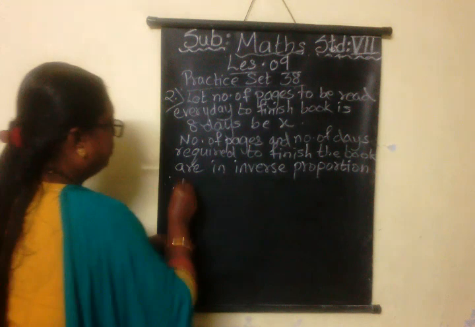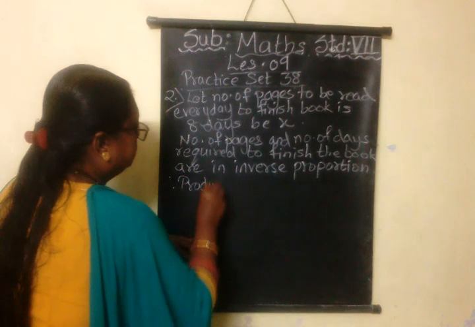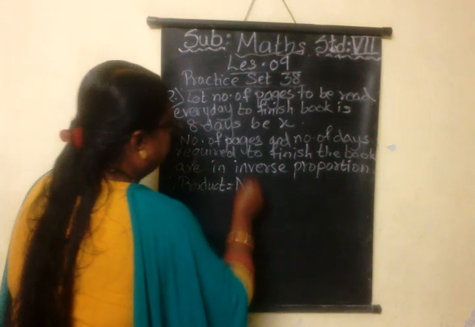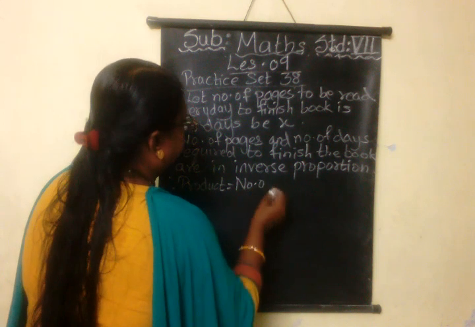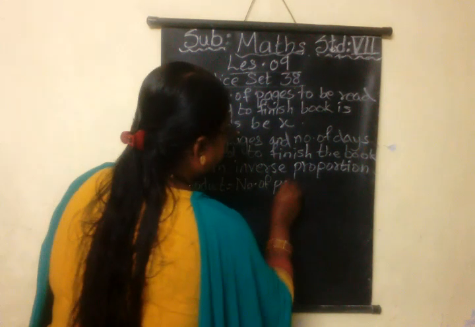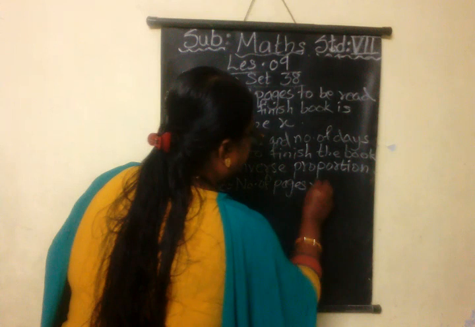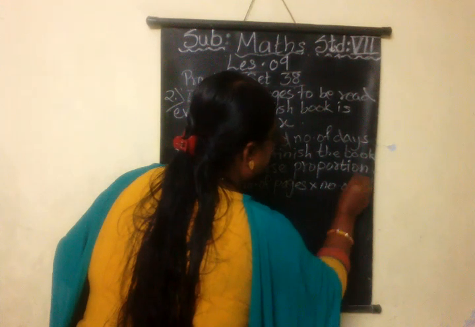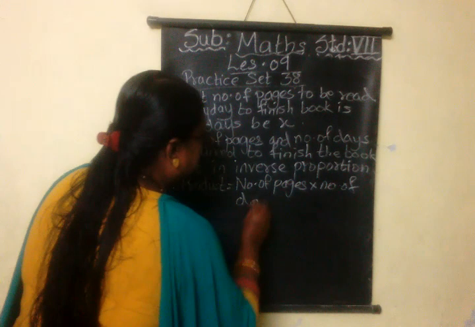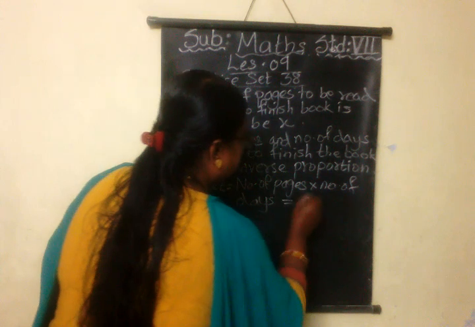Therefore, product, that is number of pages into number of days, is equal to a constant.